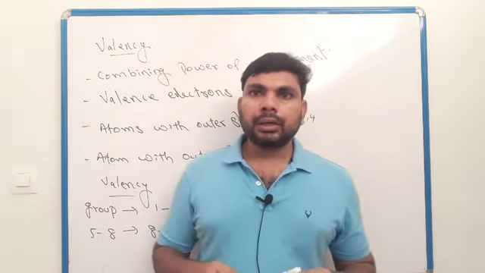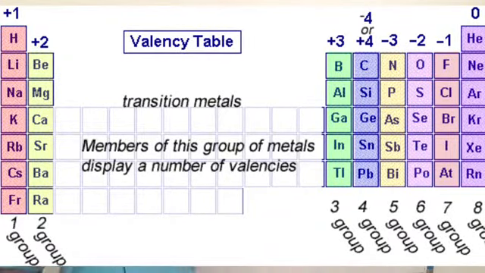Okay, look here, this is one picture of the periodic table. You can see there is group and period. We discussed the periodic table. A vertical column in the periodic table is called a group.